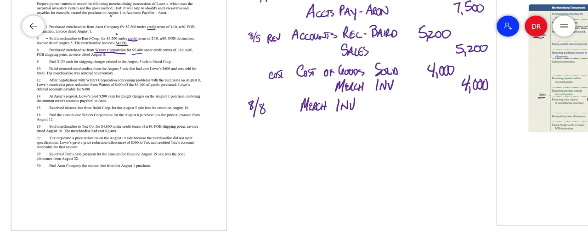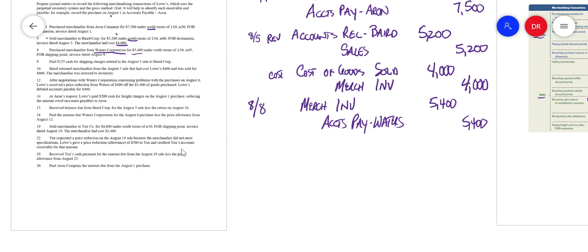And the debit amount is going to be $5,400. And the credit will be to accounts payable for Waters for $5,400. Okay.